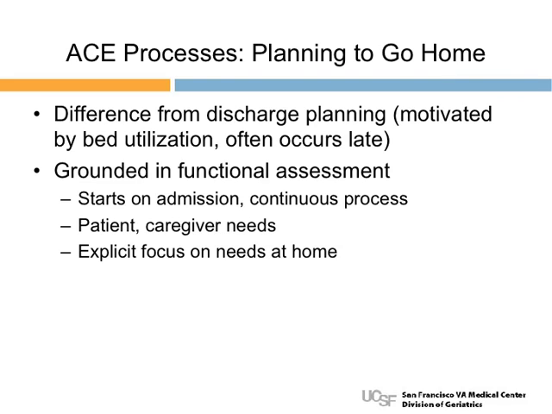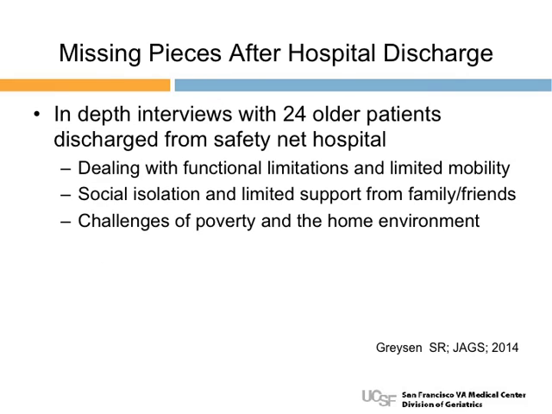This is a study that was done by Ryan Grayson at my institution, and I thought it was an interesting perspective on how we can better think about discharge planning. In the US, we're now all obsessed about hospital readmission, in part because Medicare is penalizing hospitals for readmissions.